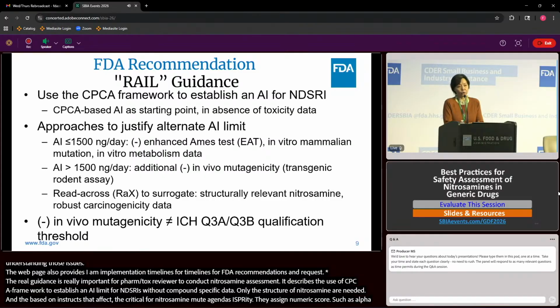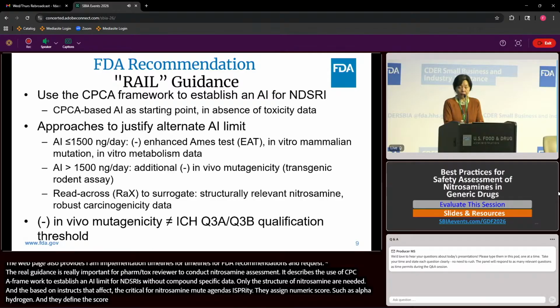These lead to a final potency score corresponding to 5 categories with acceptable AI limits from 26.5 nanograms per day for compounds in category 1 up to 1,500 nanograms per day for those nitrosamines in potency categories 4 and 5.